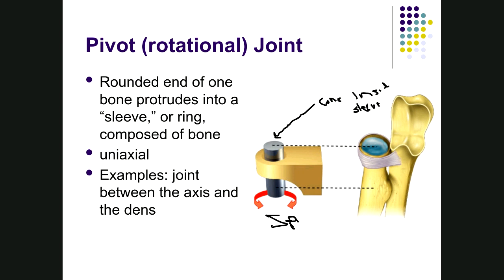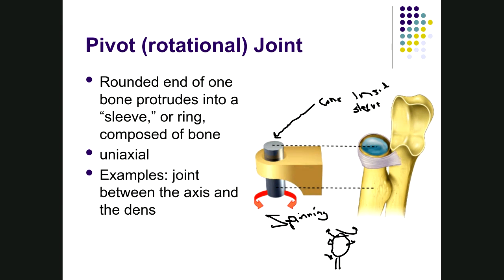It spins back and forth. So if you shake your head no, you turn your head this way and then you turn your head this way, it's sort of spinning a little bit on the first vertebra, or second vertebra rather. Another place you can find this is at the elbow.